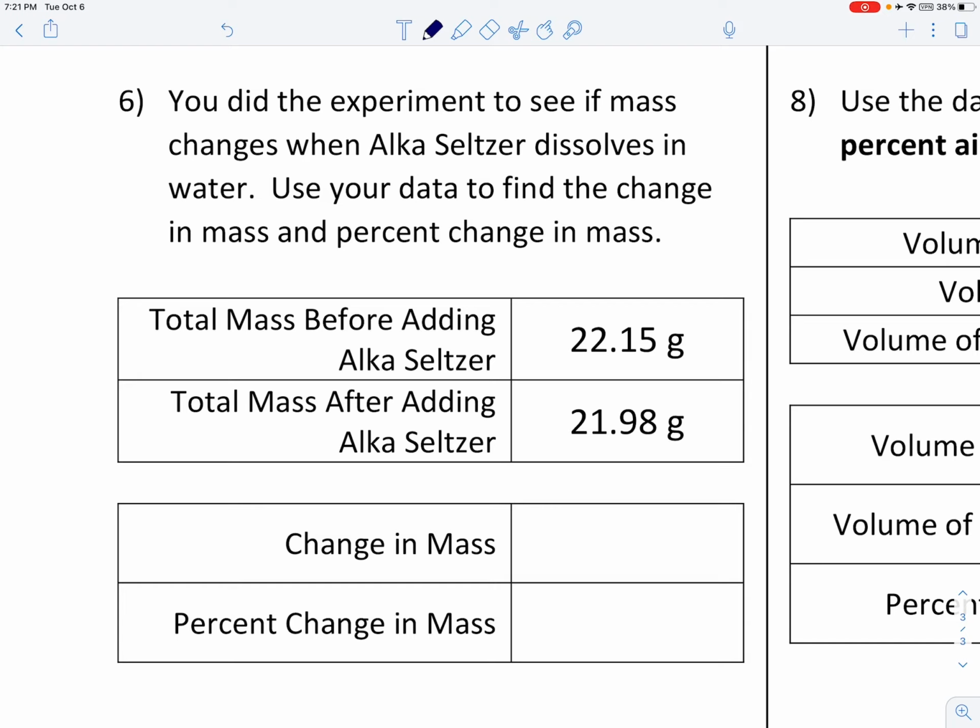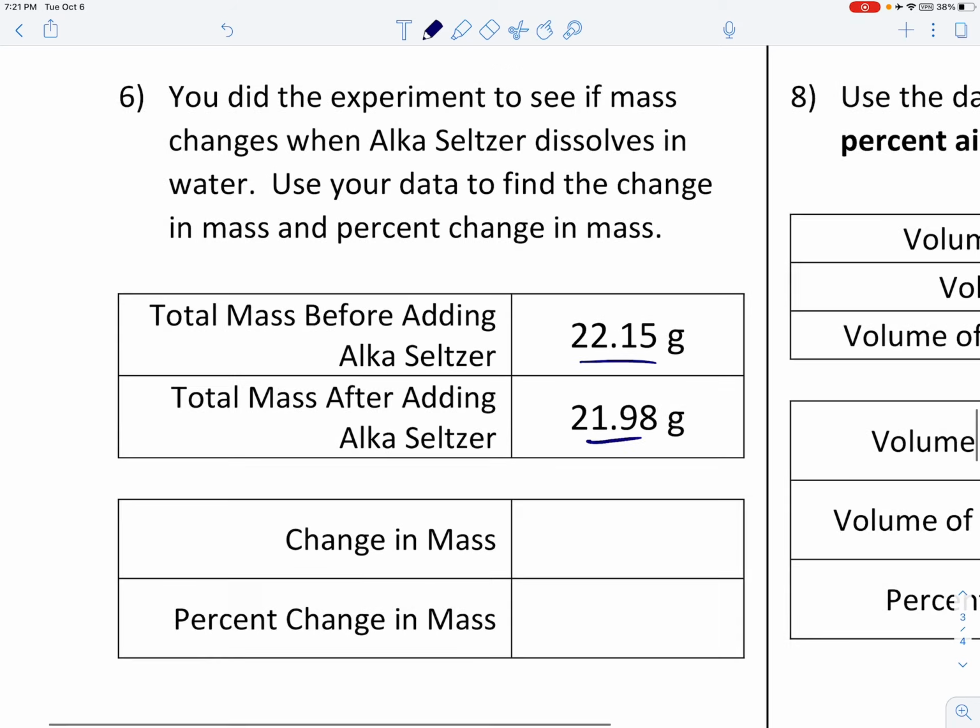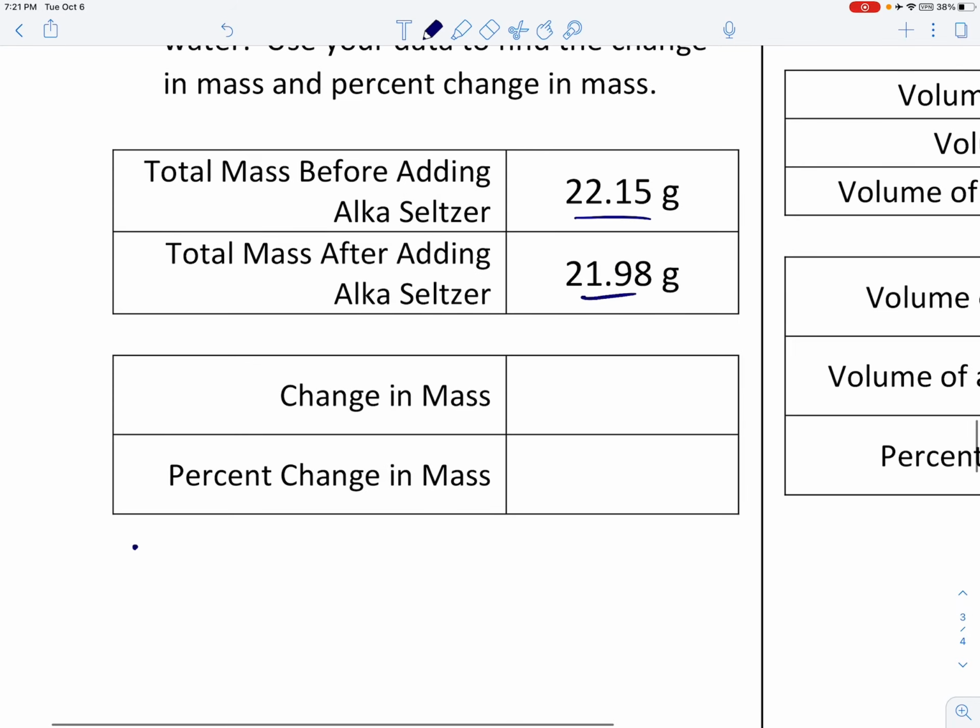So what we need to do here is the starting mass before we added the Alka-Seltzer to the water was 22.15 grams. The final mass was 21.98 grams. So the change in mass is the final mass minus the starting mass. So the change in mass is 21.98 grams minus 22.15 grams.